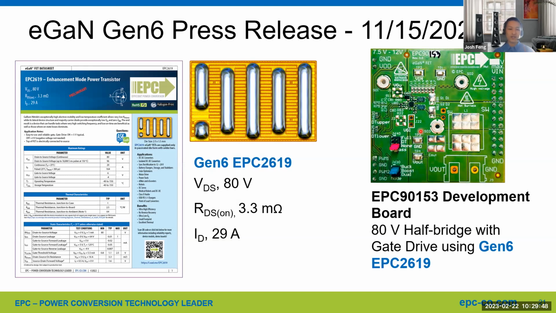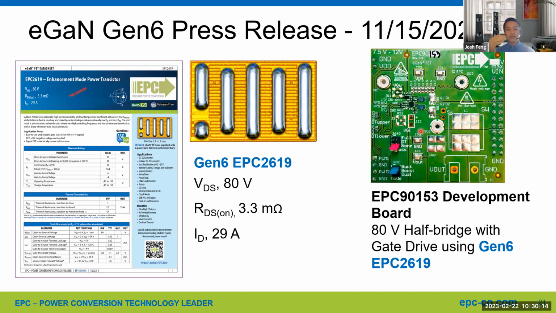We got a lot of good traction and a lot of good inquiries. This particular device is 80 volt, 3.3 milliohm RDS(on), very well suited for future PD applications, whether 36 volt or 40 volt. If you haven't had a chance to take a look at it, definitely check it out.